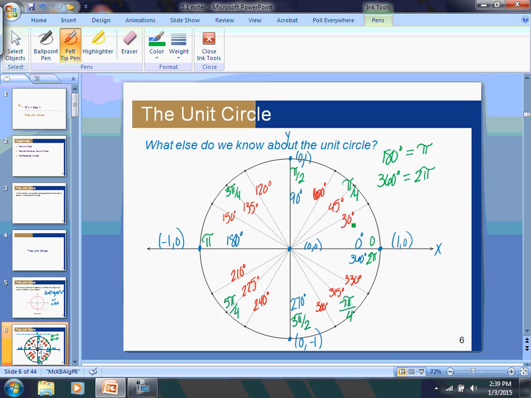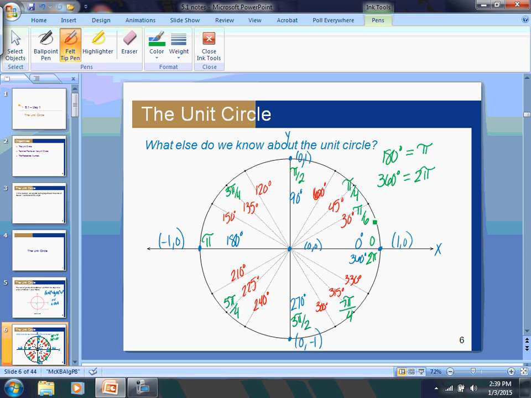So we'd want to count 1, 2, 3, 4, 5, 6. So in that first half of my circle, in that semicircle on the top, there's 6 of those 30-degree sections. So if I want to get all the way around here to 1 pi, that would be 6 out of 6. So that means every 30 degrees is going to be a pi out of 6.